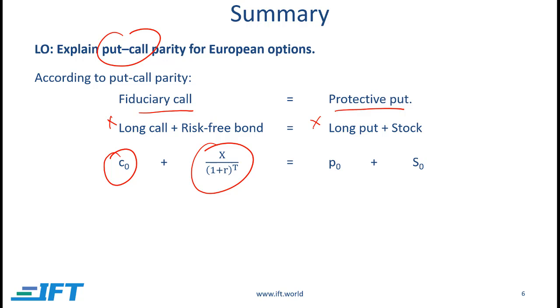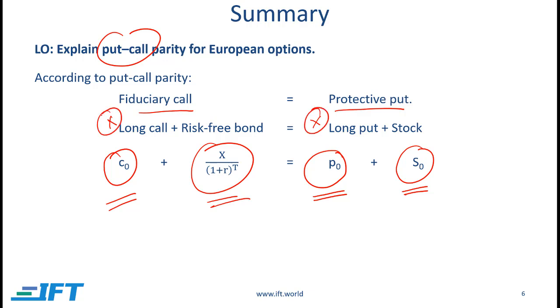The protective put is a put option plus the long position on the stock or the asset, if it is maybe gold or whatever the asset is, right? So you have a long position in the asset plus a put option, and a long position in a call option plus a zero coupon bond with the face value which is the same as the strike price for both these options, long call and long put.